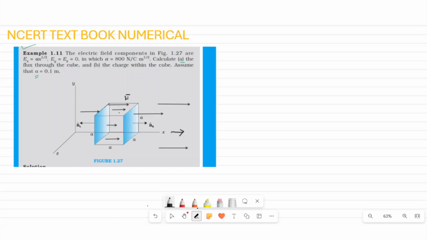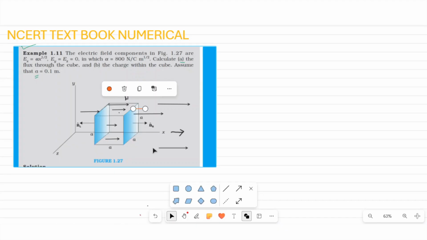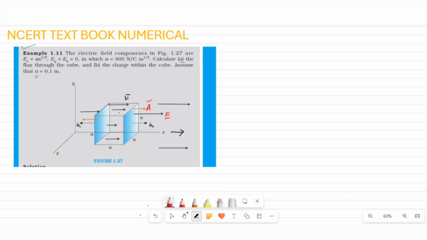This is the area vector on this surface, and this is the area vector for this surface. Try to understand the concept. This is the electric field, and this is the area vector A.